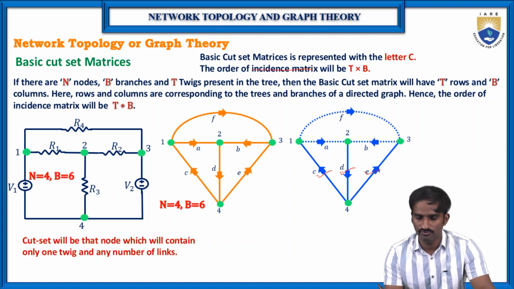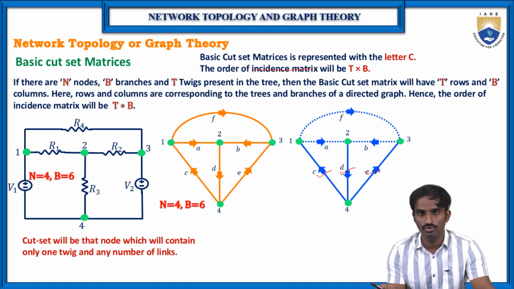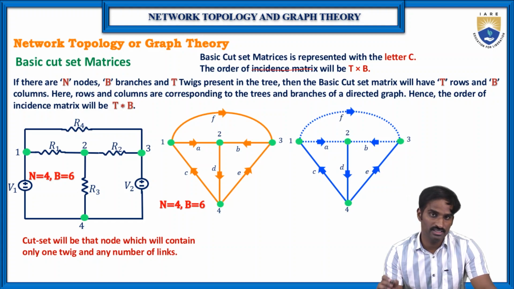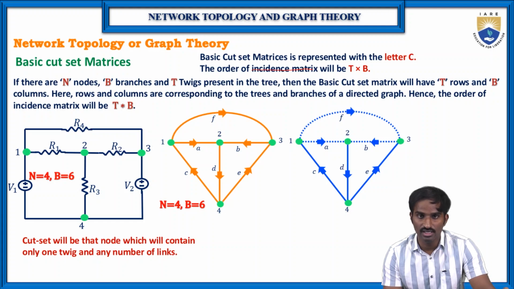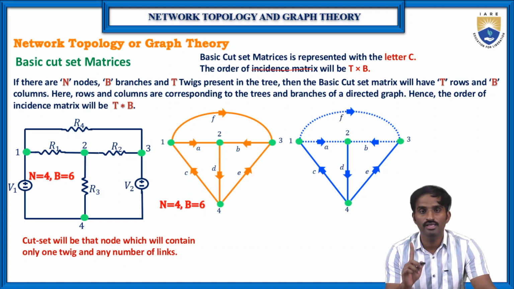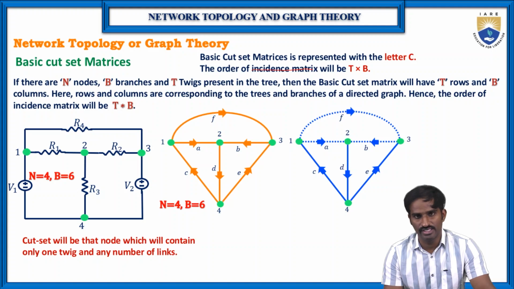How many nodes are there? 4 nodes are there. If you don't know any condition, then we may think there is a possibility of getting 4 cut sets. But of course, the cut sets form at the nodes, and the condition is that the cut set should have only one twig.